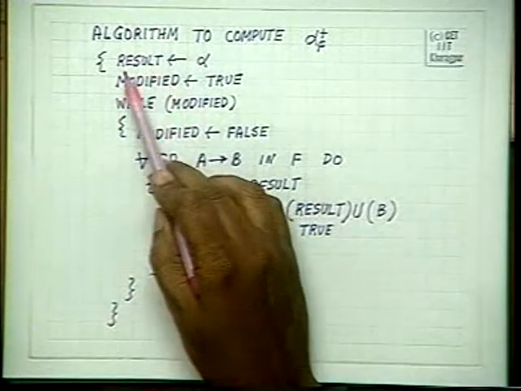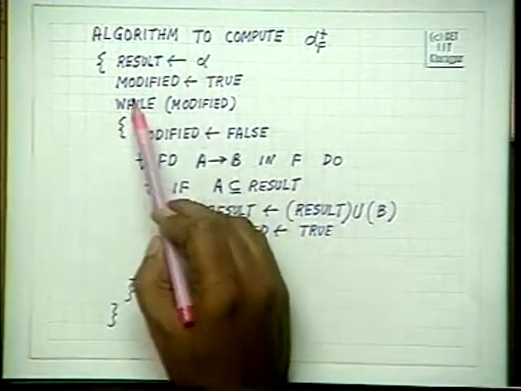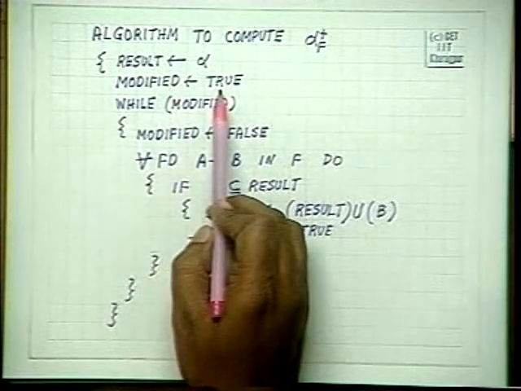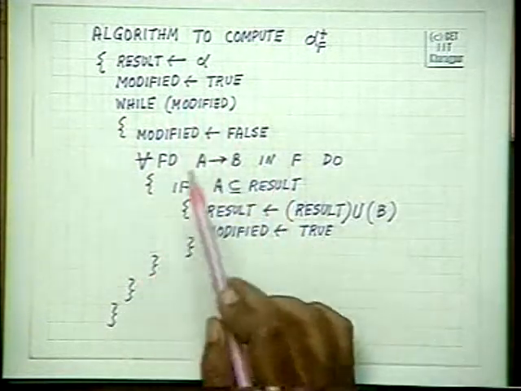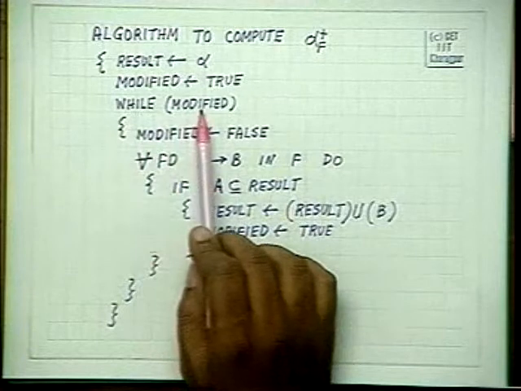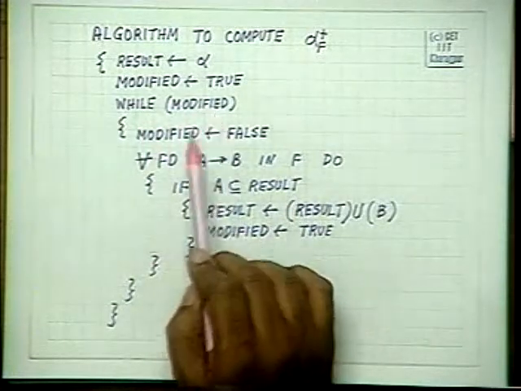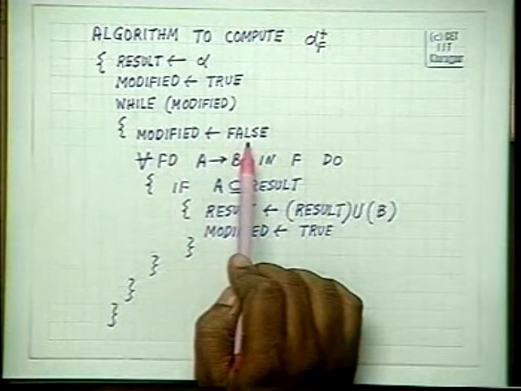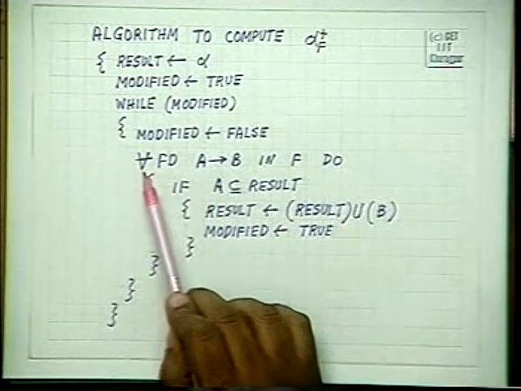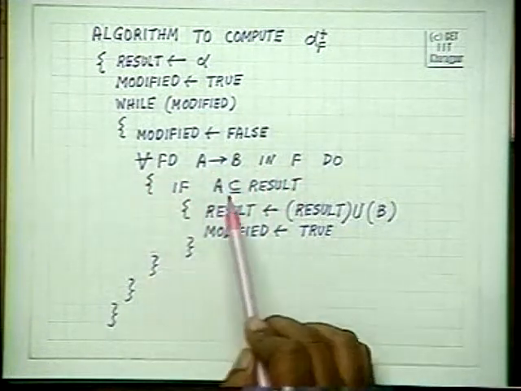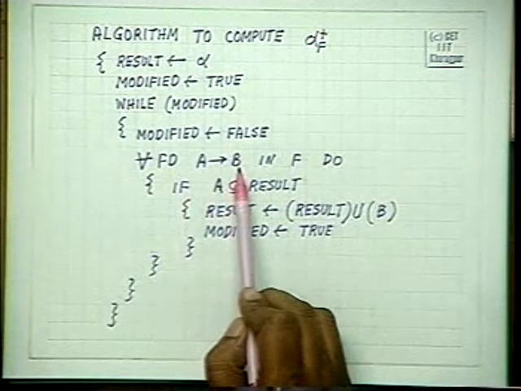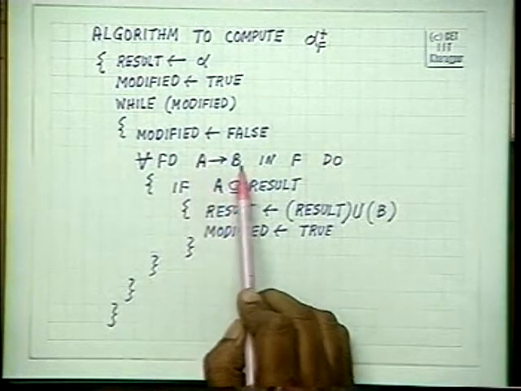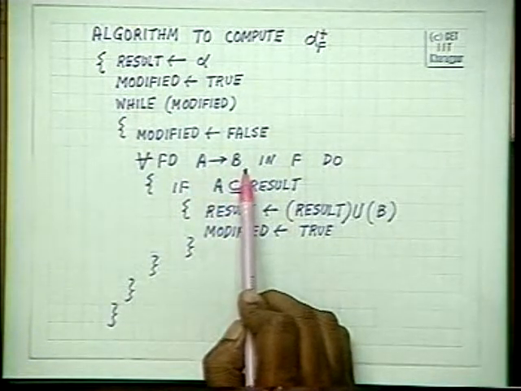Initialize R, which I have written as result, to alpha. Modified is true. Modified indicates whether there has been any change. While modified is true, you make modified false, and then for each functional dependency in a for loop, of the form A to B, where this is a set of attributes and this is another set of attributes, you do this.